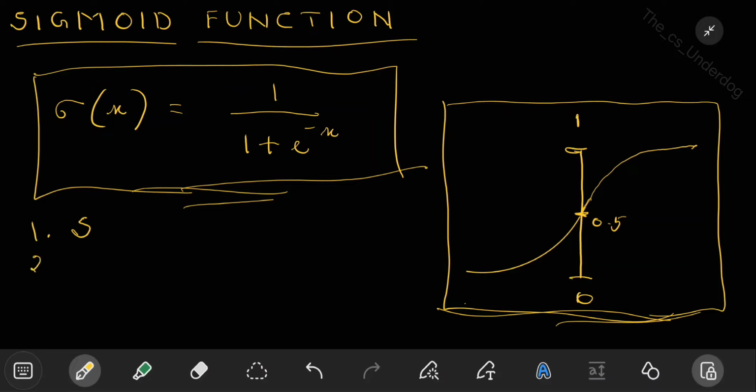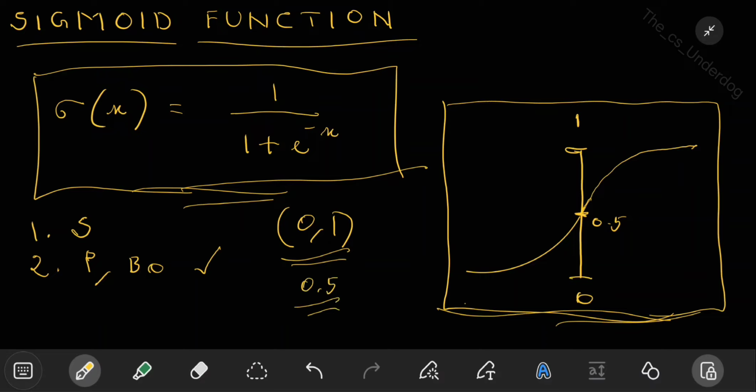What is the second speciality? This shape is ideal for modeling probabilities or any sort of binary outcomes. Why is it ideal? Because your probability should be between 0 and 1, and when it is in the middle, with equal probability, it should be 0.5.